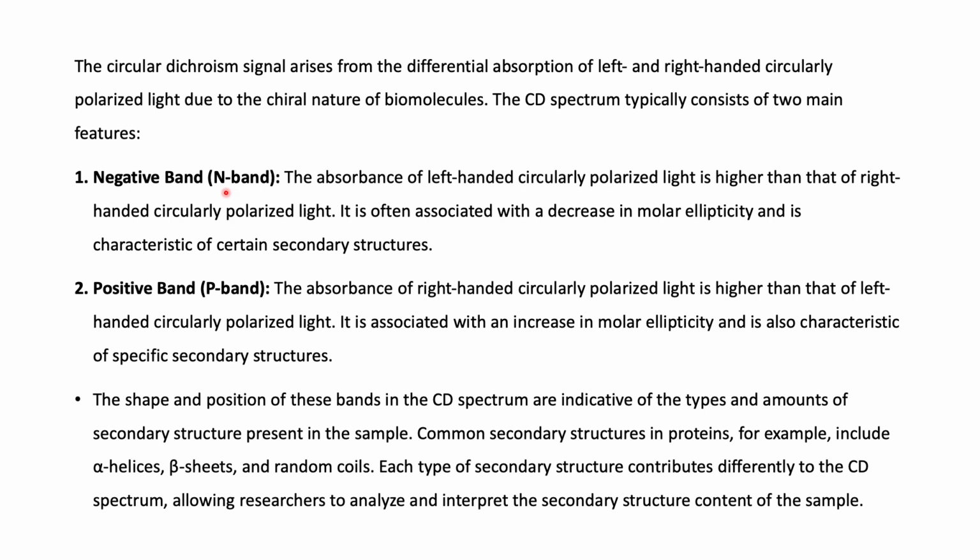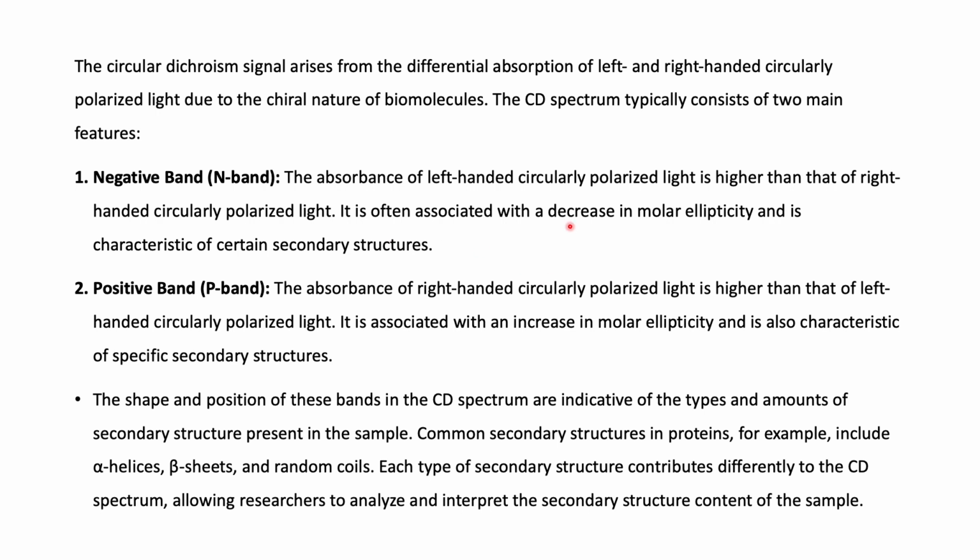The negative band is where the absorbance of left-handed circularly polarized light is higher than the right-handed circularly polarized light. It is often associated with a decrease in molecular ellipticity and is characteristic of certain secondary structures.